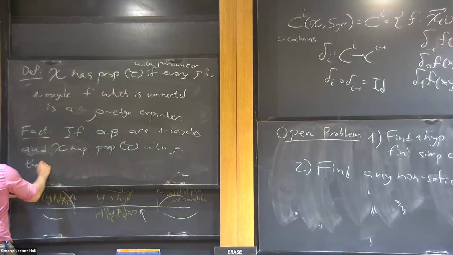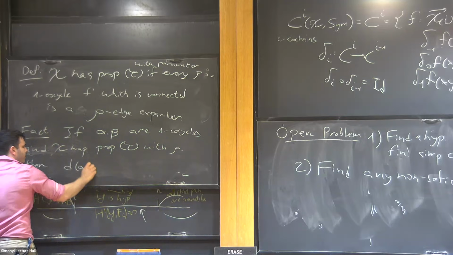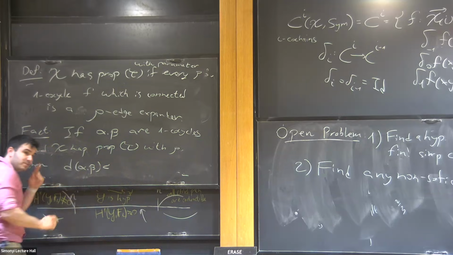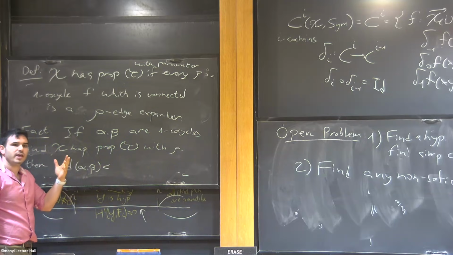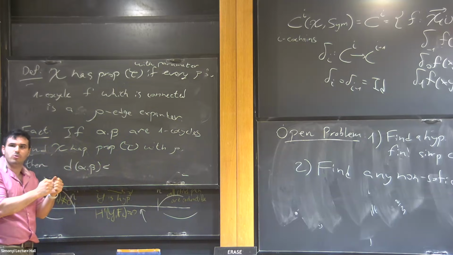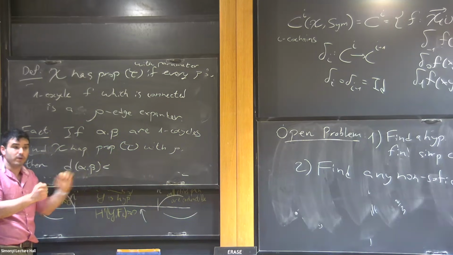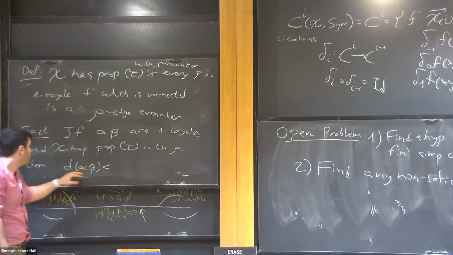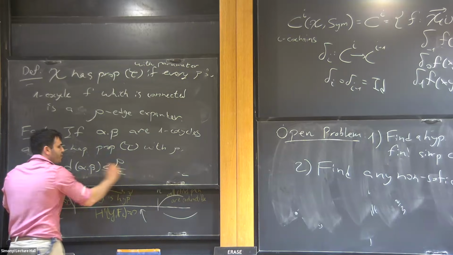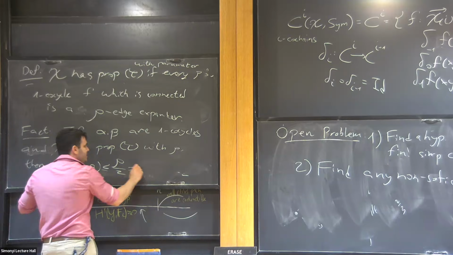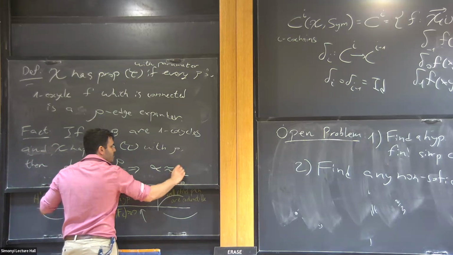then the distance of alpha and beta being small. Notice that we already have a notion of distance between cocycles. That's good for us. And what do you want to say? You want to say, okay, if two things are too close, for example, in the code, they are actually the same code word. This is exactly the claim that I'm going to write. If the distance between these cochains is less than rho over 2, it implies that alpha is the same as beta.